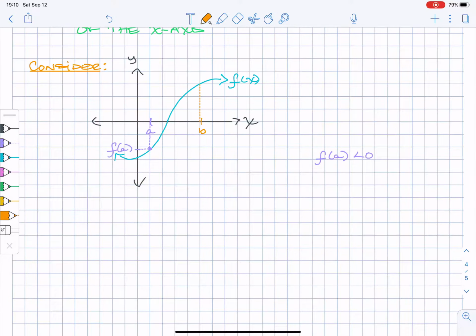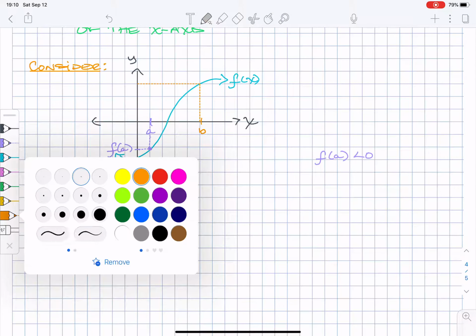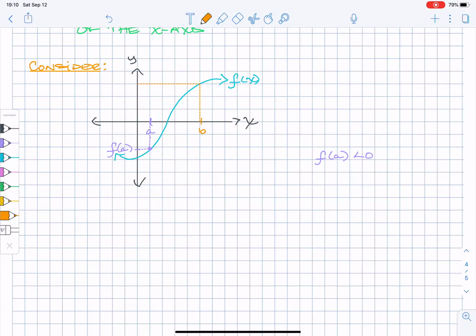Up here, we see that f of b is greater than 0. So f of b is positive. And notice that f of x is nice and smooth.